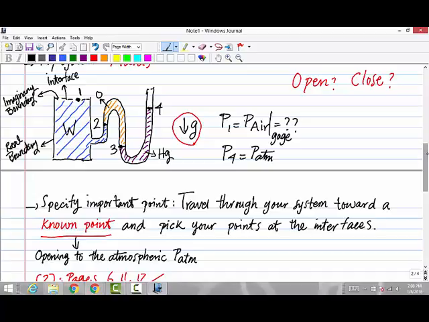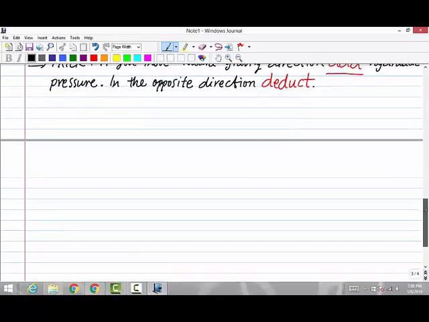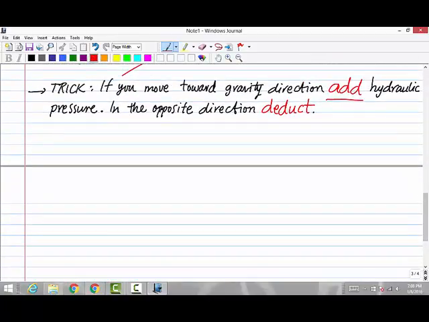That's it. And we need to start from the initial point and go to the known point, the point that I told you.